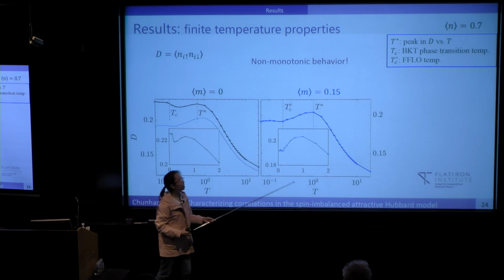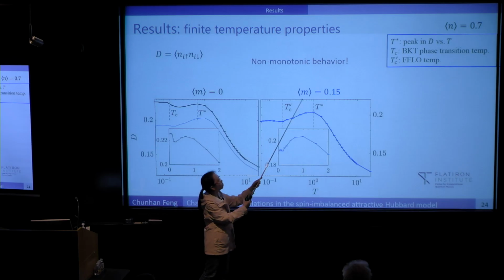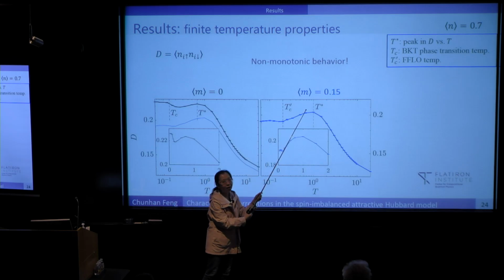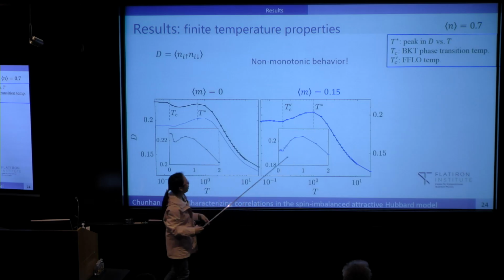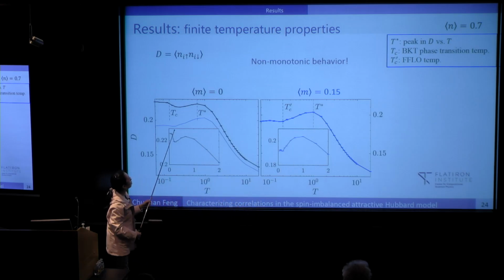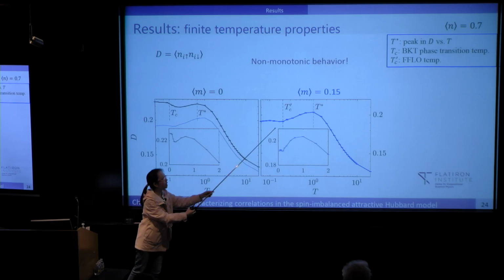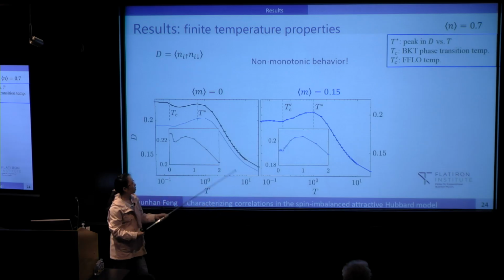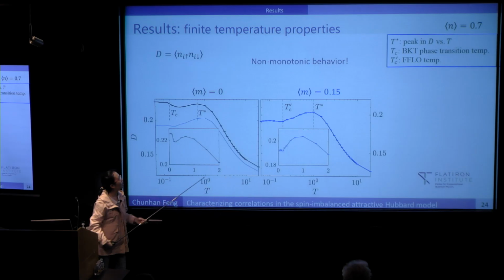And on the right-hand side, it will always be the spin-imbalanced case with magnetization equal to 0.15, represented by the blue curves here. And in the left panel, the blue curve is actually exactly the same as the one in the right panel. I just put them in the same plot for comparison.